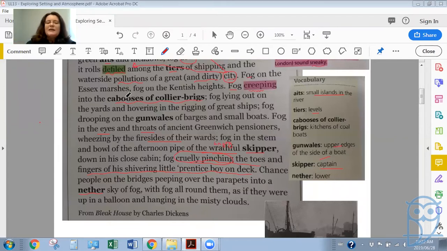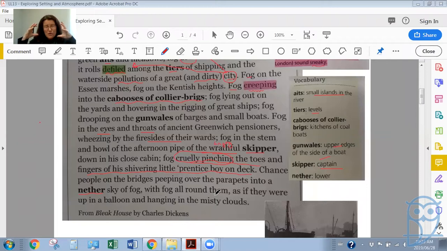Okay. So with fog all around them, as if, and here, what device do we have with as? Sorry, I'm just going to cough. What device do we have with the appearance of the word as when there's a comparison? A simile. Good. Yes, there's a simile. As if they were up in a balloon and hanging in the misty clouds.